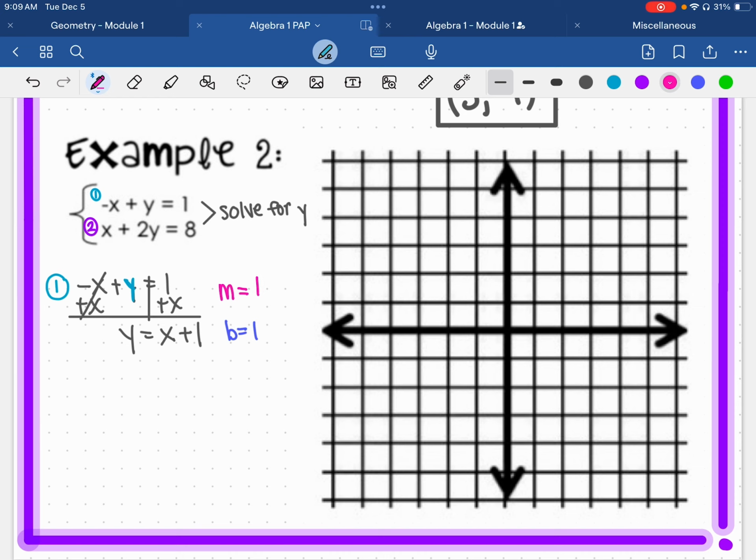Remember, when it is a whole number like 1, you put it over 1, meaning we're going to move 1 up and 1 to the right. So let's graph starting at 1. I'm going to go 1 up and 1 to the right, and I can continue this pattern. I could even come down and continue the pattern in this direction as well, 1 down and 1 to the left. Grab that ruler and connect them together. There we go, perfect. And now let's do equation number 2.